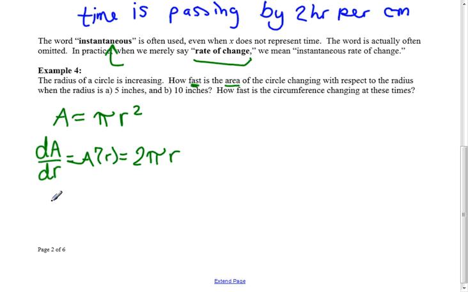So we're going to evaluate it, and I'll write it both ways. Evaluate it when the radius is 5. So if we plug that in, we're going to get 2 times 5 times pi. So that's 10 pi. Anytime you see word problems, you probably have to describe it in words.